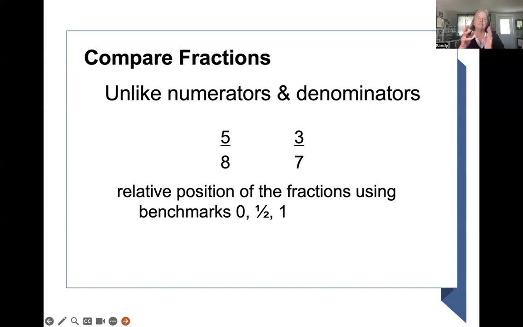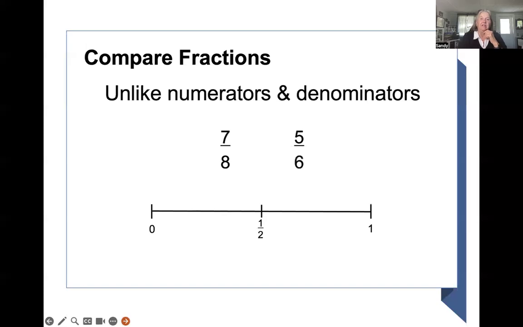So it's relative position of the fractions. Relative size, but if I think in terms of that number line, 0, 1/2, and 1, where are these fractions falling on that number line? I can reason it through. Okay, so another example, 7/8 and the 5/6.